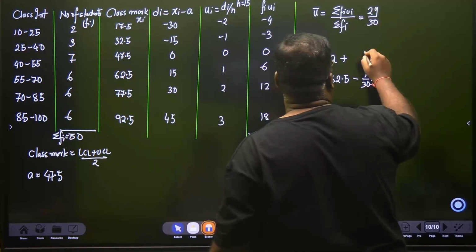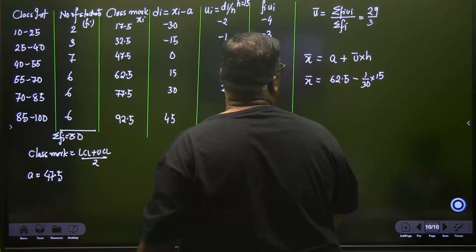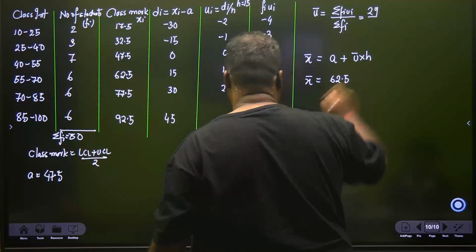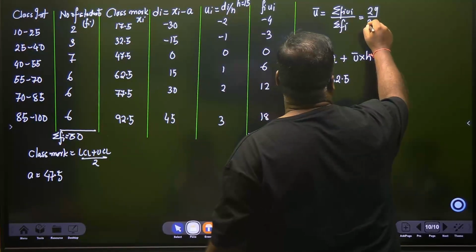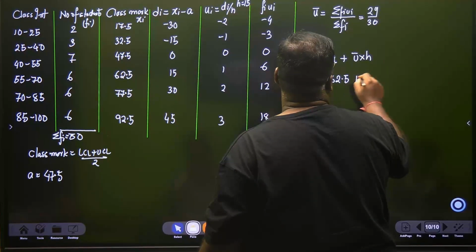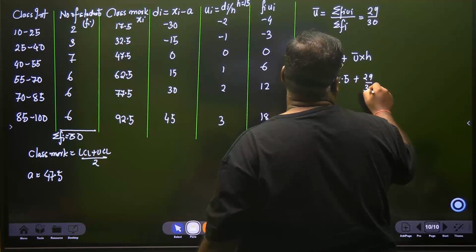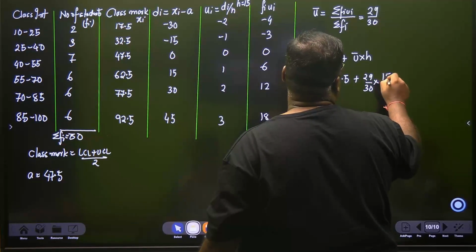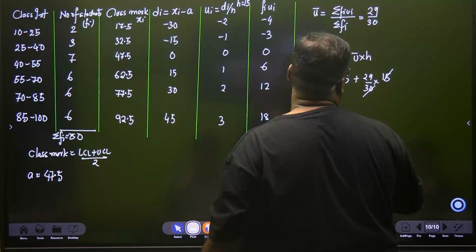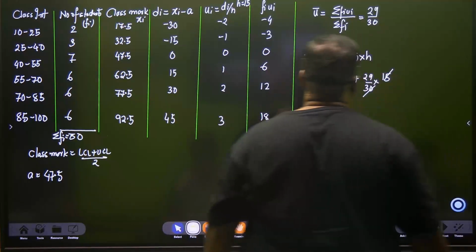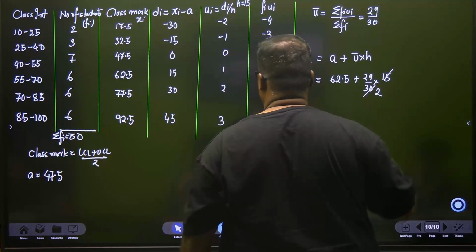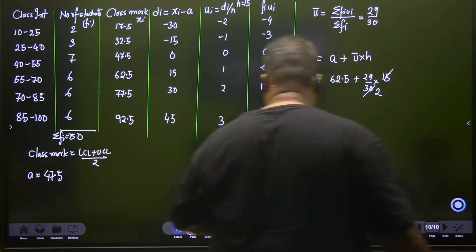Now put h here. So this is 29 by 30. So this is plus 29 by 30 into 15. Cancel it with 15. 15 2s are 30. Alright?